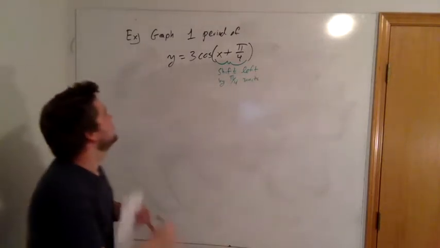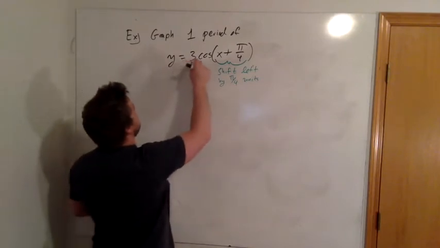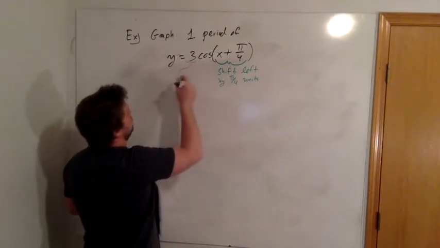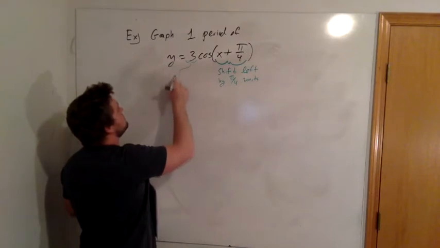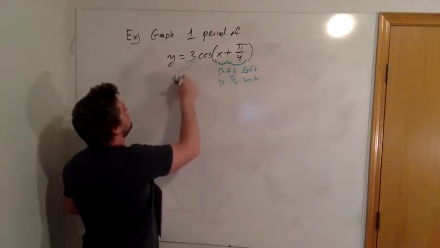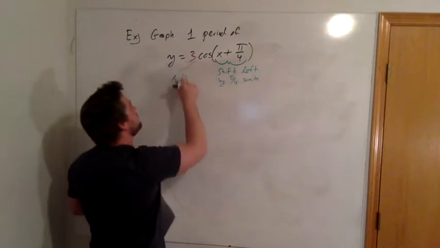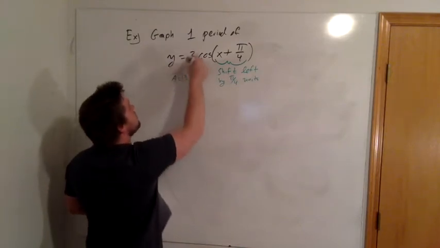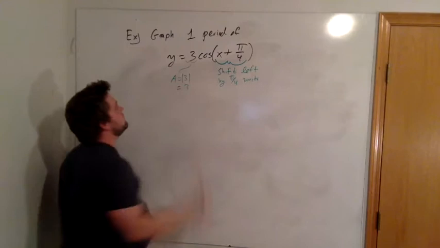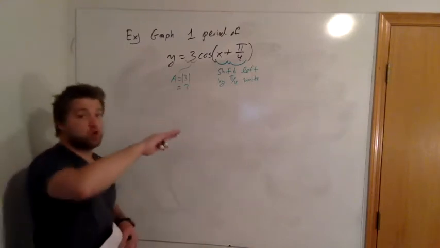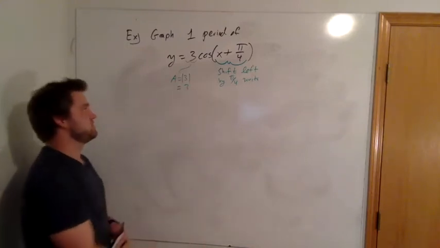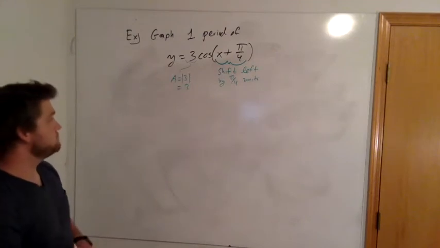And this 3 here tells me my amplitude. This is a vertical stretch by 3, but really what this tells me is my amplitude is 3. Your amplitude will always be the absolute value of whatever the number is out front, so in this case, that's 3. If there's a negative there, you'll just know it's been reflected over the x-axis. But the amplitude is always a positive number.